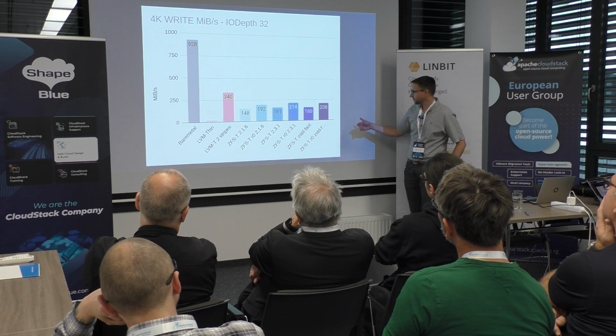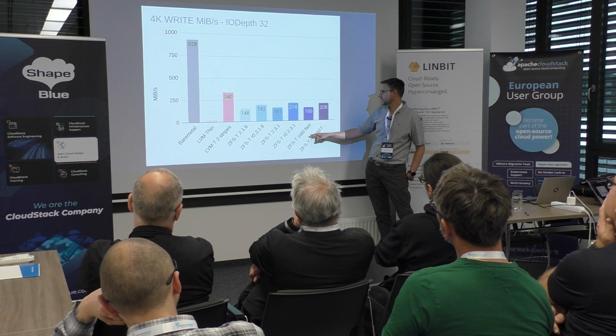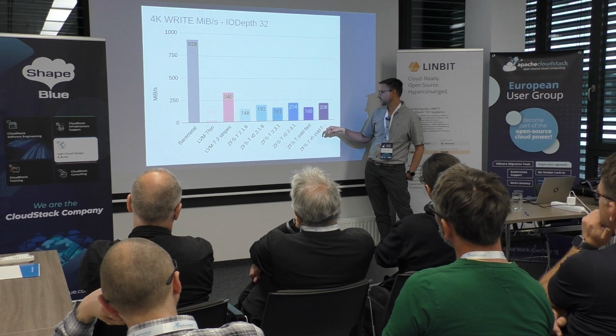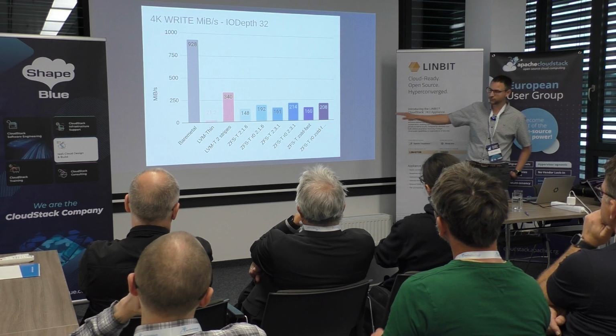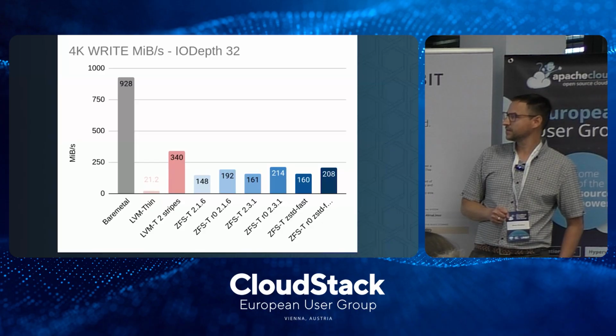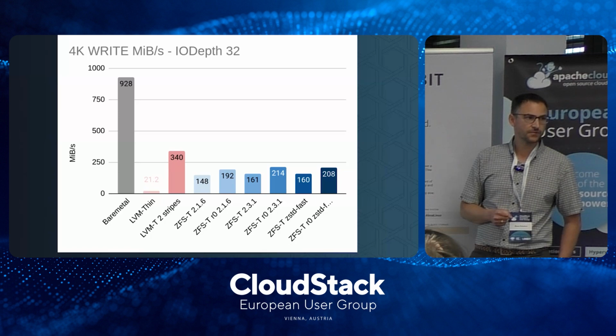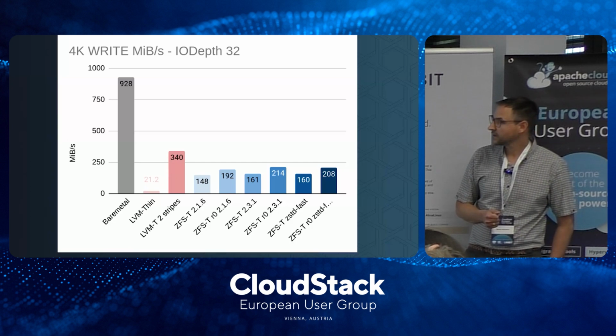Sorry, I also have to explain what these two columns are. The last two columns are ZFS with zstd standard fast compression enabled. I just wanted to show that the compression doesn't really take much performance. Sorry, can you explain the third bar, LVM-T2 stripes?